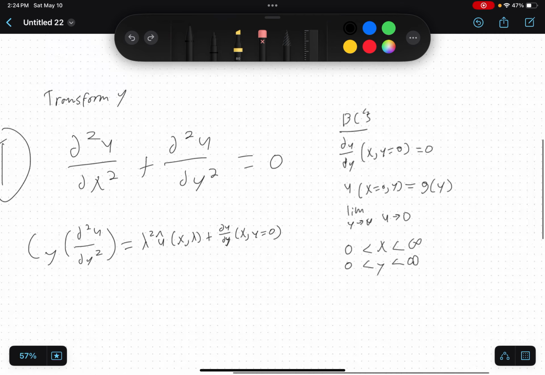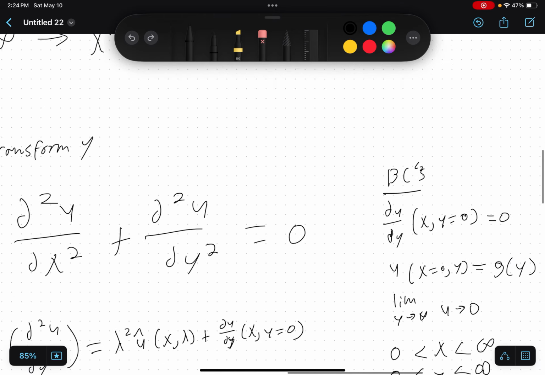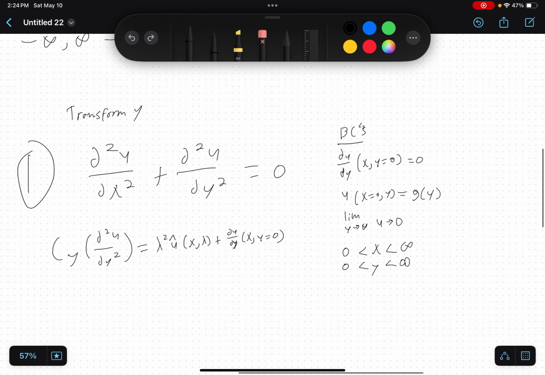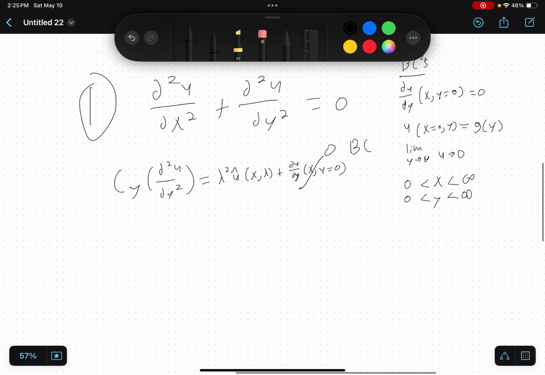Now we can apply one of our boundary conditions. This is why I mapped it out like this, because you can apply a boundary condition right away. This equals 0 because of the boundary condition. Then we have this second term.